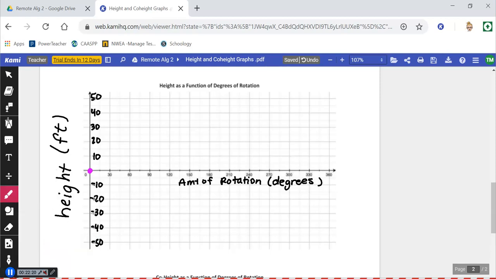So then at 30 degree rotation, we had a height of 25 feet. At 60 degree rotation, we had a height of 45 feet. And at 90, we were at 50. Then at 120, we should have been back at 45.